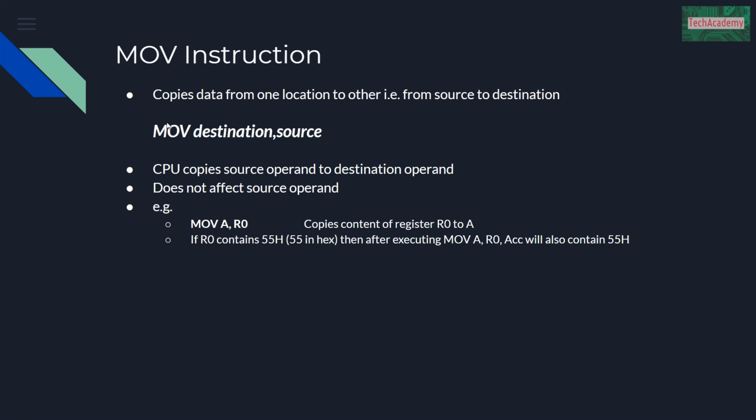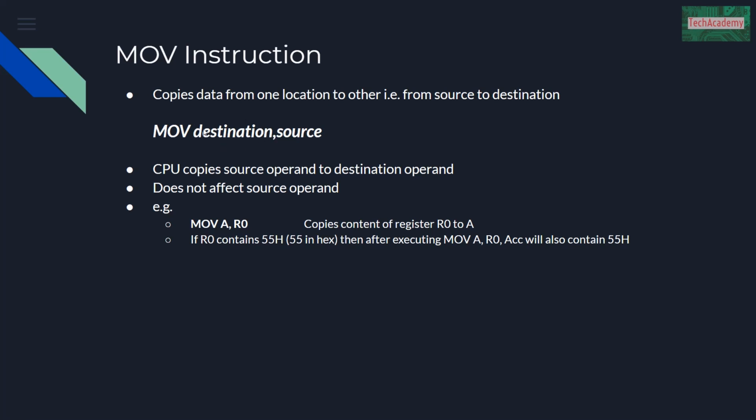Its syntax is like this: move, then space, destination, comma, source. So let's say we have to move data from one register to another. The source register should be placed here and the destination register should be placed here.